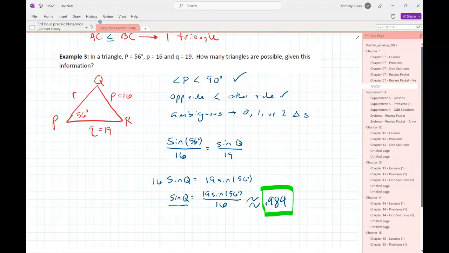So sine of an angle, what's the biggest possible value sine of an angle can give me? Yeah, 1, right? If you think about going around the unit circle, the biggest y coordinate on the unit circle is 1, because sine is the same as the y coordinate on our unit circle. So if this is greater than 1, we get 0 triangles.